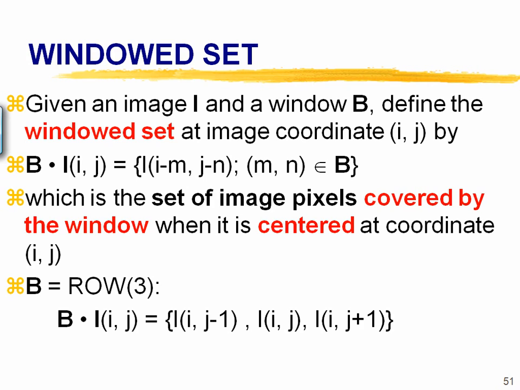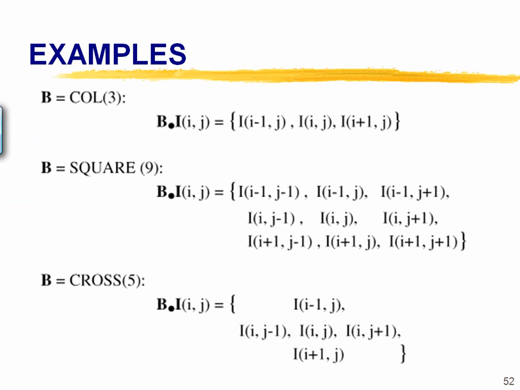So if I define B to be row 3, then B dot I would be given by I of i, j minus 1, I of i j, and I of i, j plus 1, because the coordinates for row 3 are 0 minus 1, 0 0, 0 1. Make sense? Okay. Similarly, I can define the set of coordinates for any particular window that I wish to use over a particular image.